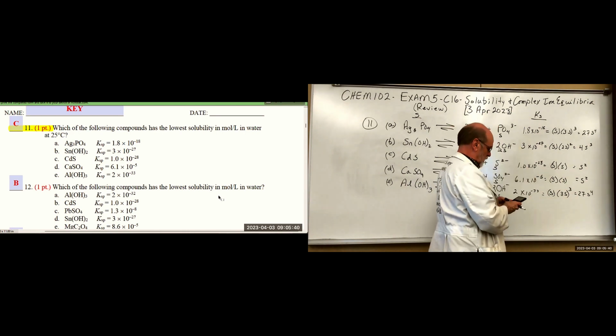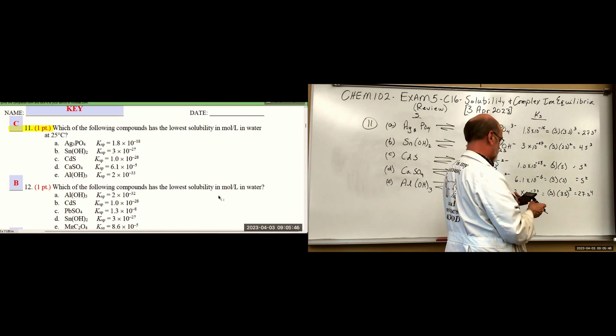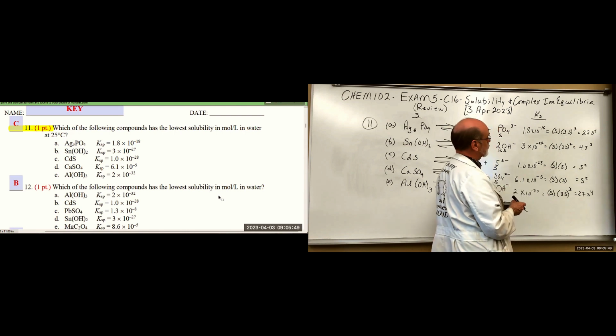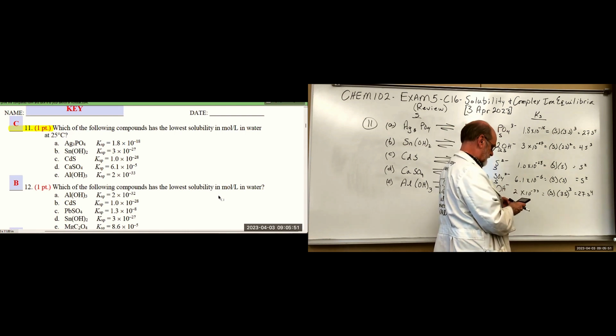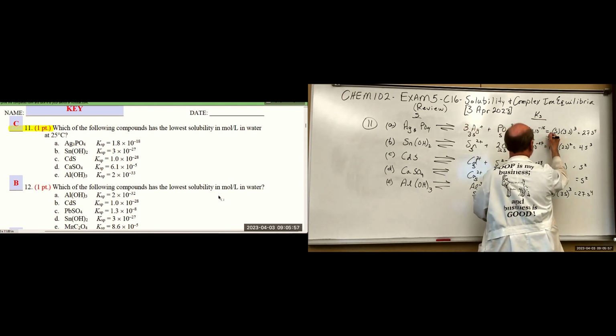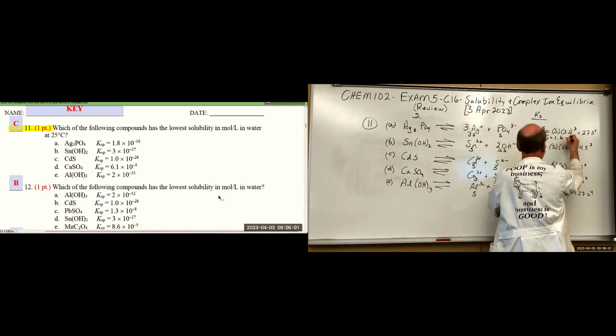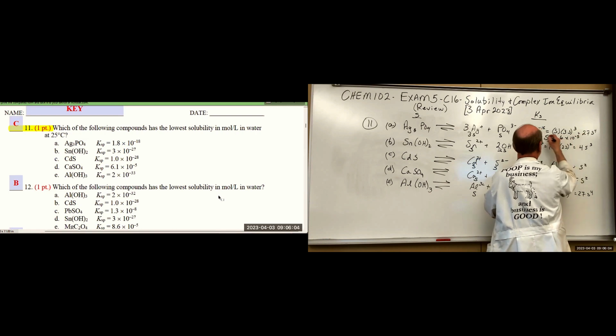So 1.8 exponent minus 18. We're going to divide by 27. That gives us 6.7 times 10 to the minus 20, and then take the 4th root of it. So I need to do 0.25 and then get my power key. In this one, s is equal to 1.6 times 10 to the minus 5.